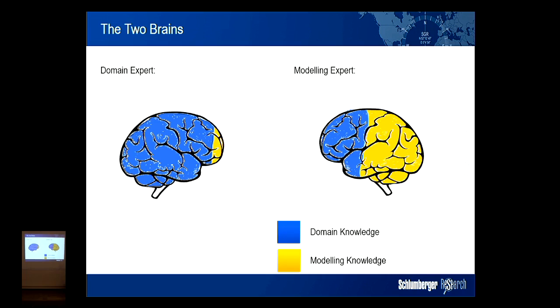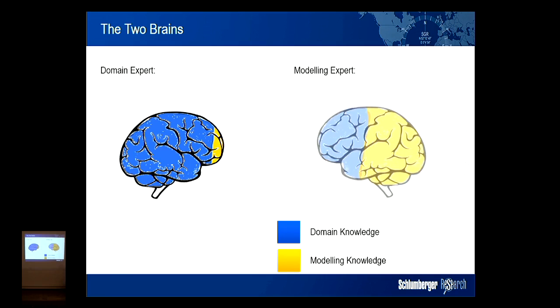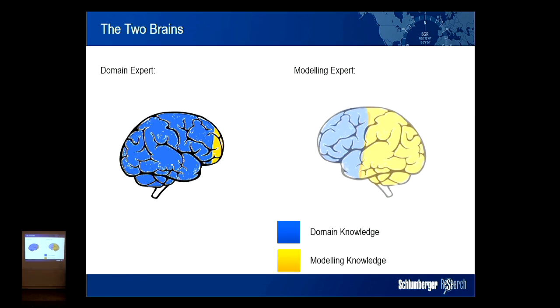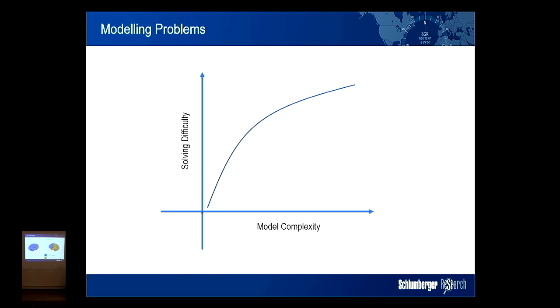So you learn a little bit more, and now maybe you're at the stage where you've created a reasonable domain model for your domain expert. Well, there might be some other corner case that you haven't taken into account. And at this stage, your brain is a bit full, okay? So we can't fit any more domain knowledge whilst retaining all the modeling knowledge we already had. And so we need some better way of modeling these things other than relying on people with PhDs in planning.